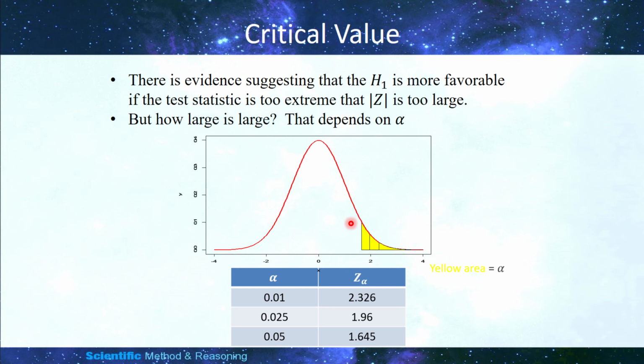From this graph, it is obvious that if the test statistic is greater than 1.645, for example 1.65, or anywhere in the yellow region, and we set alpha equals 0.05, it is associated with the rejection region.